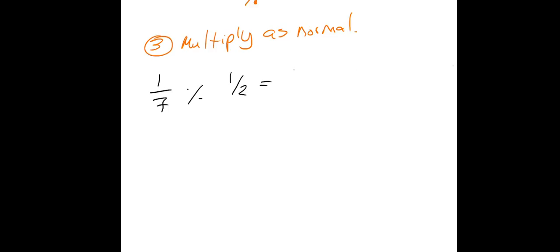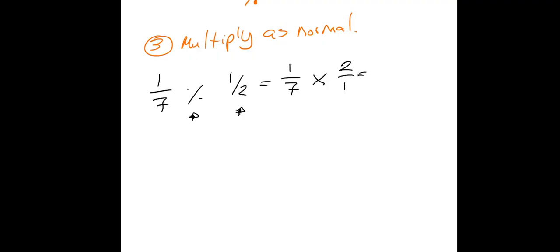So I'm going to bring that 1/7 through, and the first thing I'm going to do is change the second number and flip it. So 1/2 becomes 2/1. Second step is taking this divided by and changing it to multiply. And now we're away laughing.